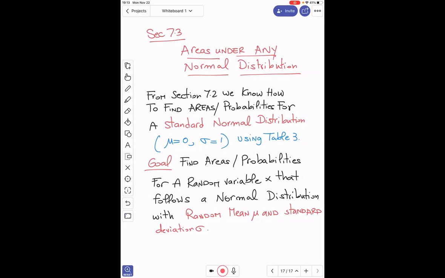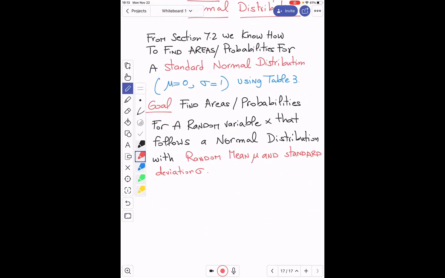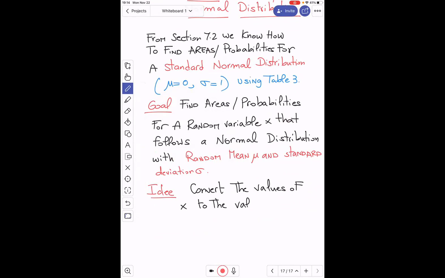So what we're going to do is convert or transform the x values to the values of z in the normal distribution.